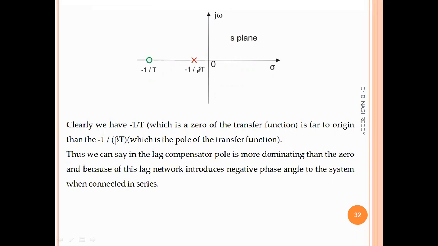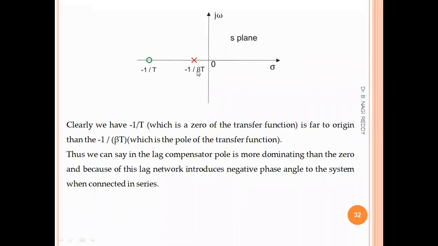Because the beta value is greater than 1, so the denominator value increases, which means this entire value comes down. That means the pole is moving towards 0.